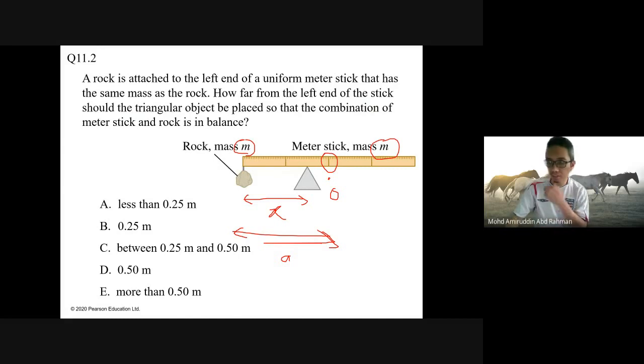So x is equal to M, which is the mass of the stick, times 0, because the length is 0, because it's at the center, and then the mass times M, which is 0.5, and then you need to divide that with M plus M. Okay, so what is the answer?